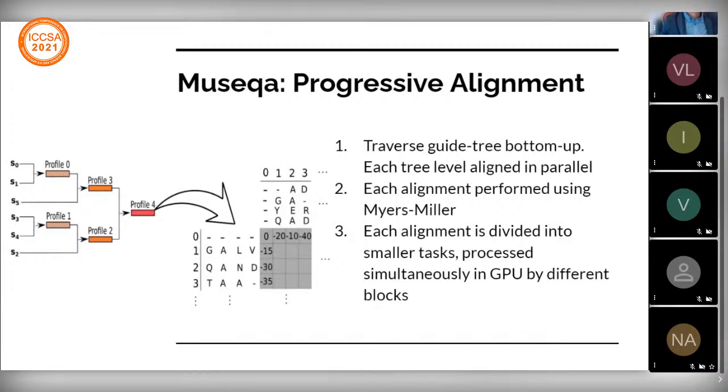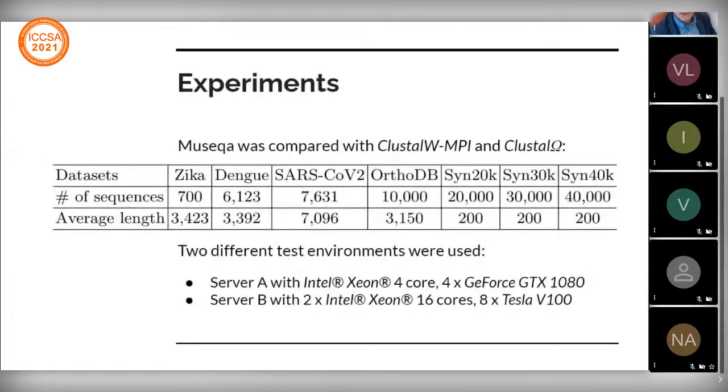And once again, in each GPU, an alignment is divided into smaller tasks in order to calculate it as fast as possible. I have only 3 more minutes. Only 2 minutes. Yeah, I'm just finishing.